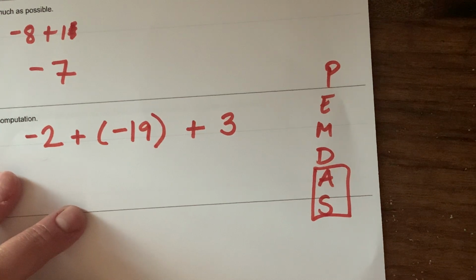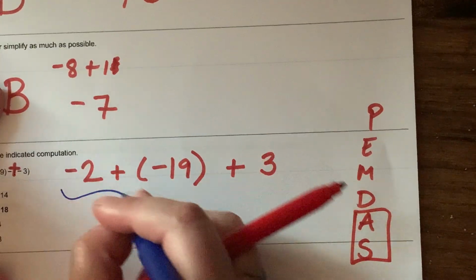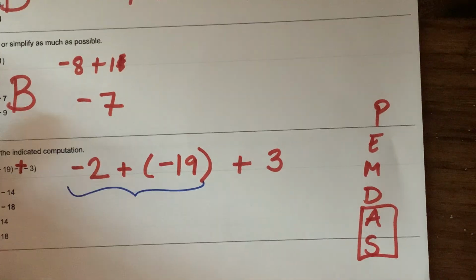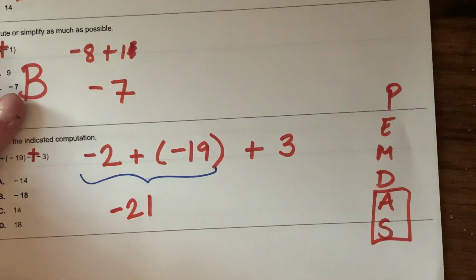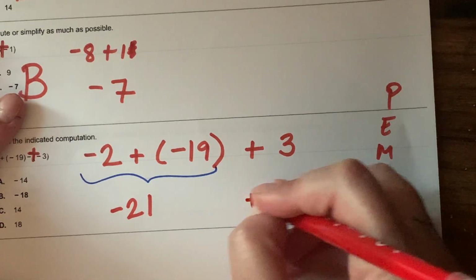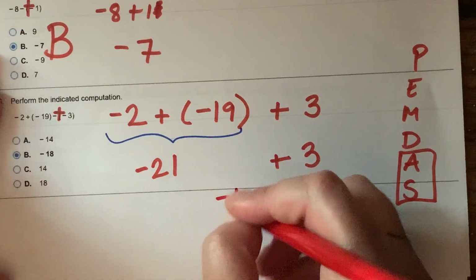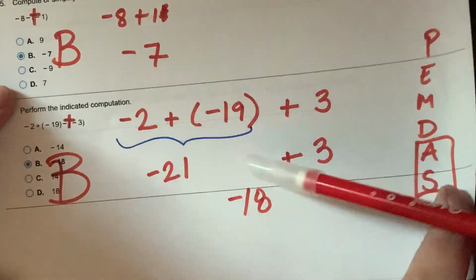You can do it all at once, left to right. So that's what I'm going to do here. From left to right, -2 plus another -19. That makes an even bigger negative, -21. And then bring down that +3. And -21 plus 3 is -18. So B.